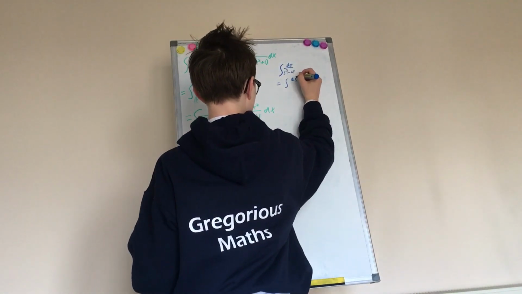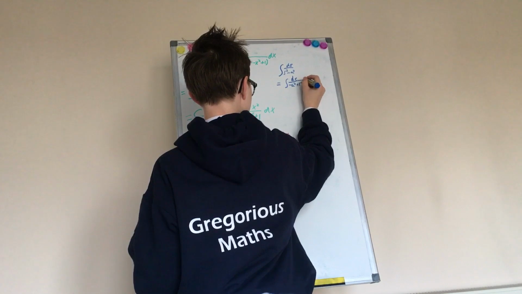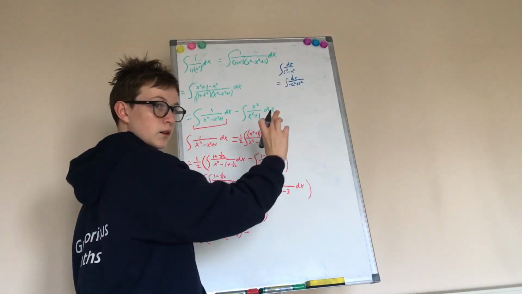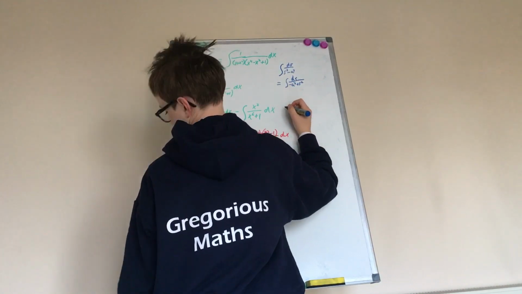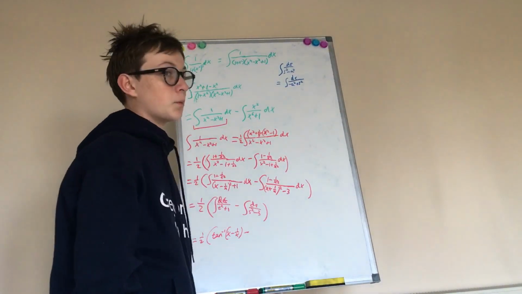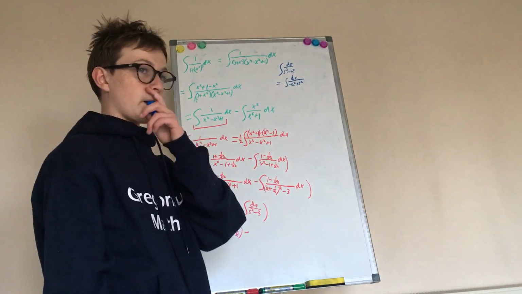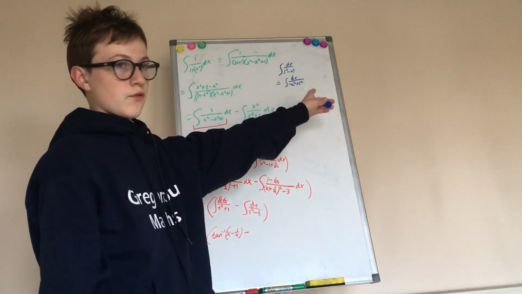this is the same thing as saying the integral of ds over negative a squared plus s squared, right? Multiplying the top and bottom by negative 1 over a squared.